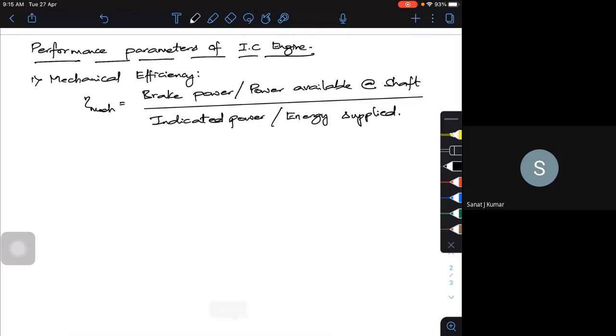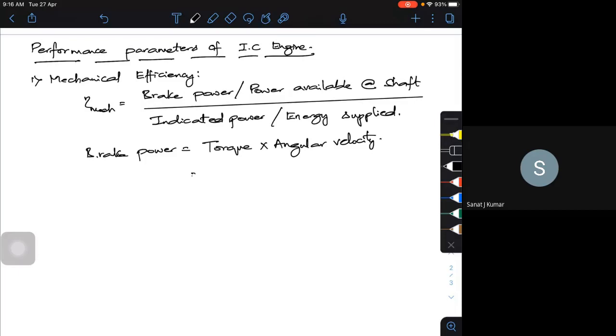If I look at the brake power, it is nothing but the torque applied on any rotating machine multiplied by its angular velocity. This you might have studied in your DOM. That is T into omega.